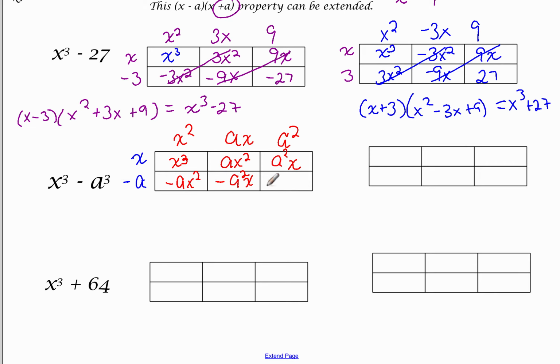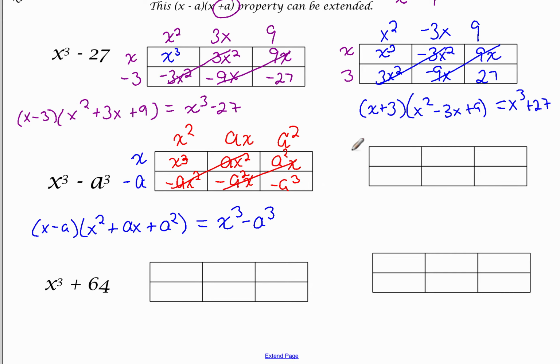A squared times negative a is negative a cubed. Cancel out, cancel out. Beautiful. So I just learned over here that x minus a can get multiplied by x squared plus ax plus a squared, and that'll get me x cubed minus a cubed.